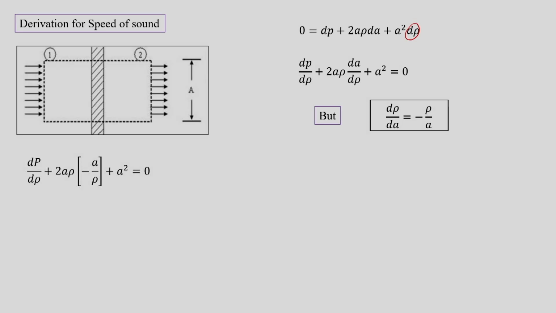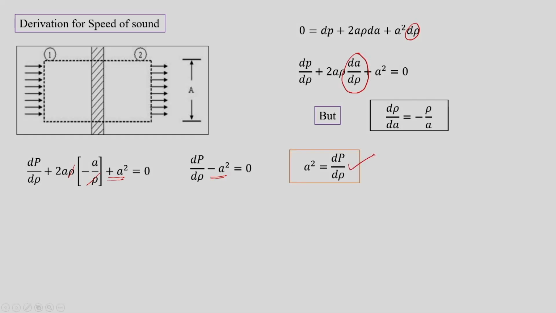So we can put this over here, which becomes minus a by rho. So we can further have rho cancelled, then this becomes minus twice a square, but we have plus a square. So basically it leads to dP by d rho minus a square is equal to 0.